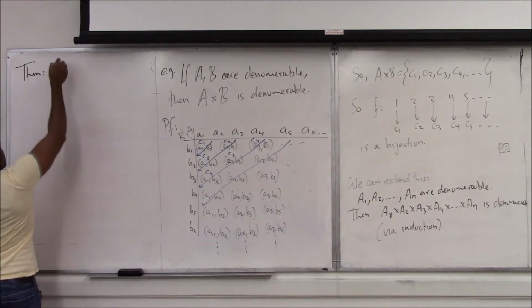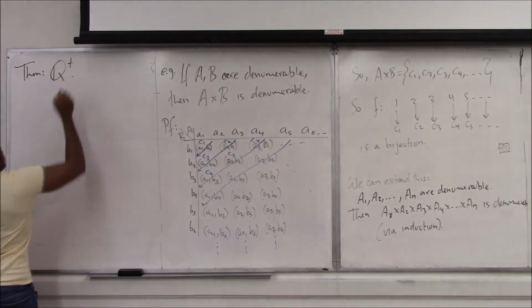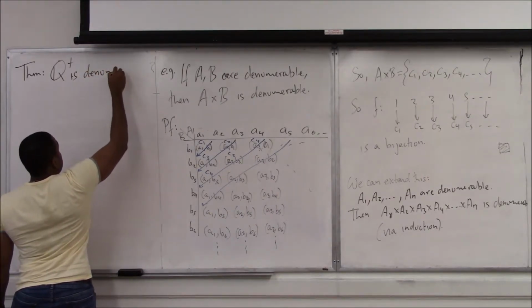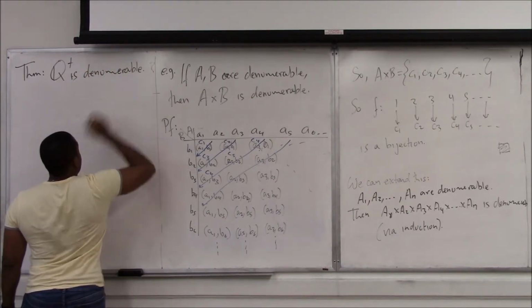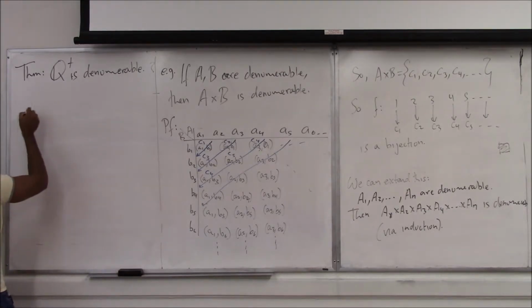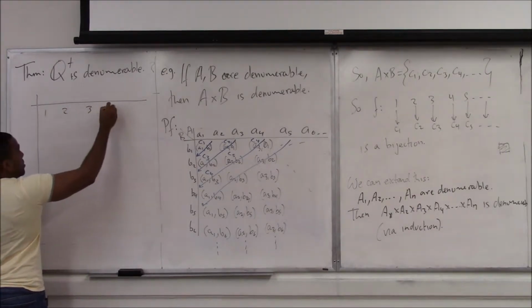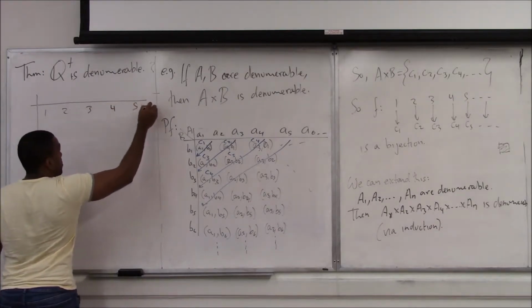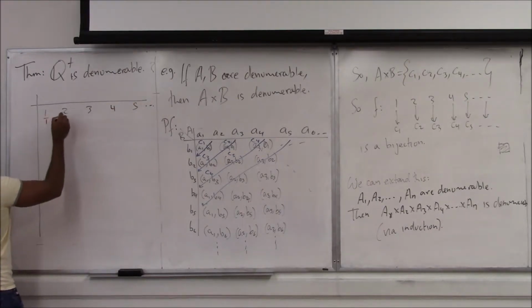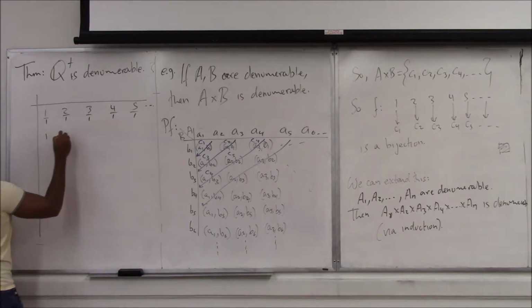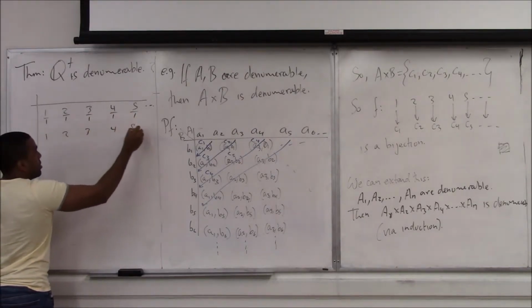Here's another theorem. The set of positive rationals is enumerable. Again, you can do a very similar thing. Just do a grid. So 1, 2, 3, 4, 5. But in the first line, divide it 1 by 1. Then go 1, 2, 3, 4, 5.